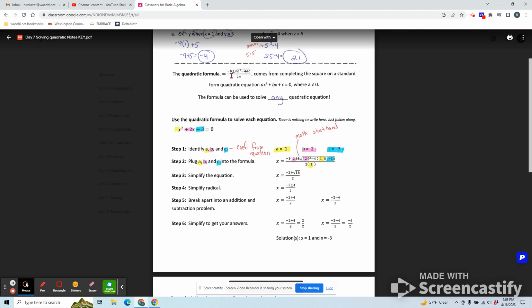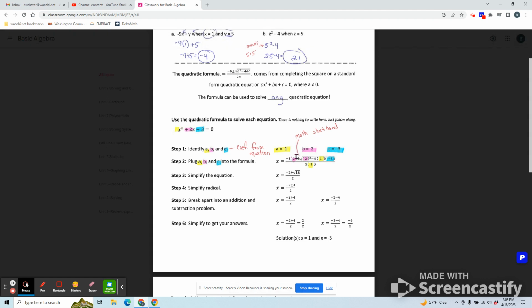Over the course of teaching this, if I say negative b, it doesn't always work out well for students. So I'm changing it so it's negative 1 times b. That way you're guaranteed to get the correct value in front of your square root.